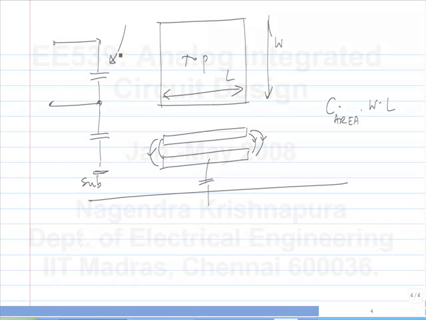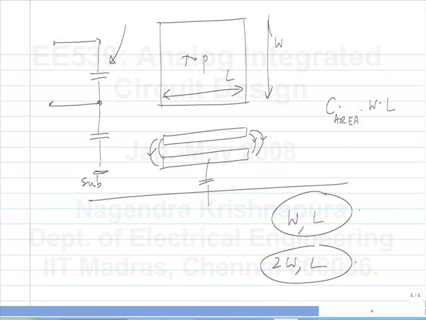All this will come into picture when you are concerned about matching. So, for instance, you have two capacitors, one of which has W and L, the other one has 2W and L. Okay. The area component of the capacitance of this is twice as this. Okay. But the total capacitance will not be, because the perimeter is not twice. Okay.